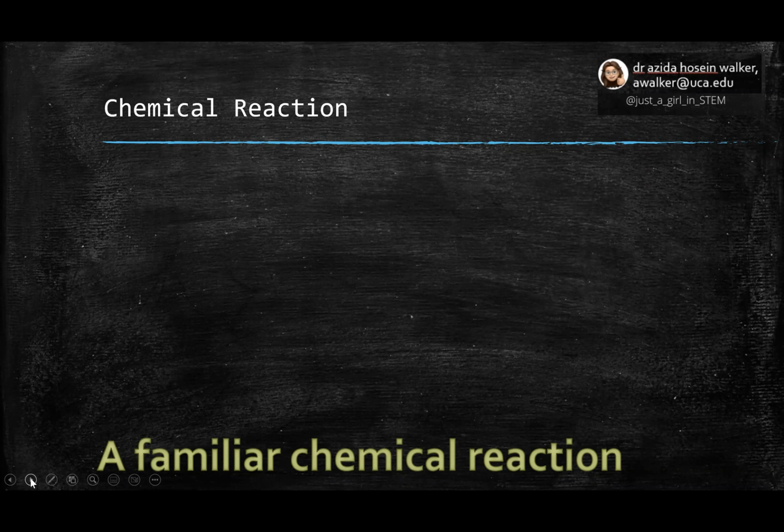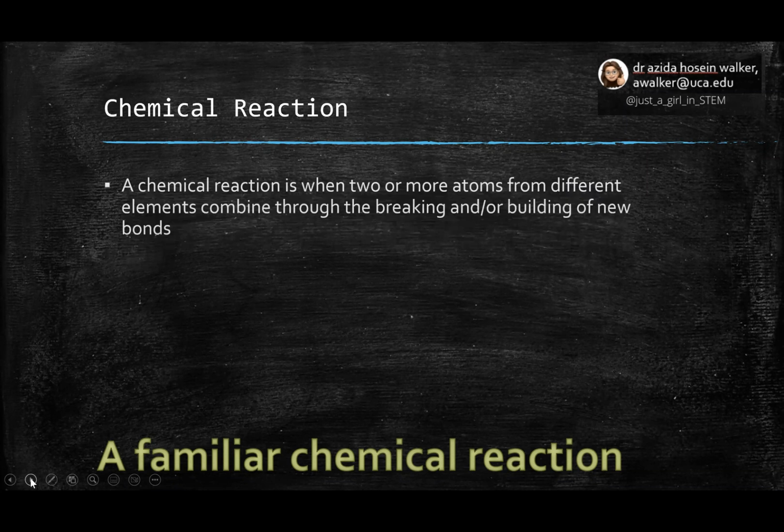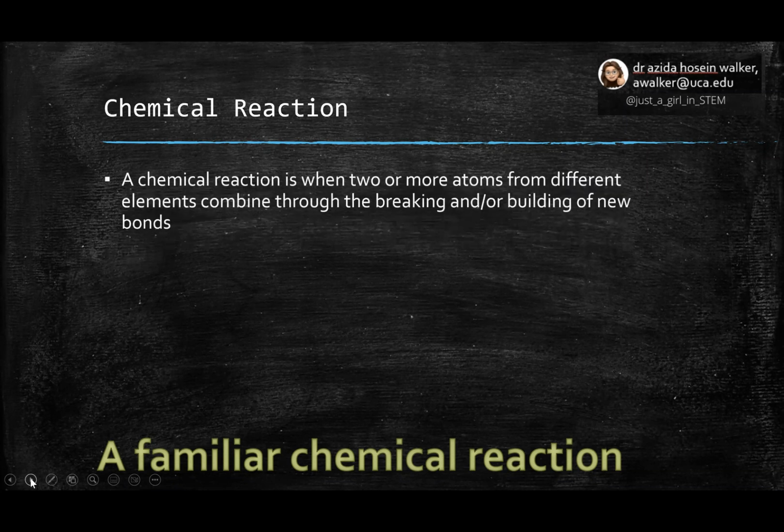Now, we're going to talk about what happens when these different atoms come together. When these different atoms come together, they can share electrons, so they might become ions, and as they become ions, they will have these charges that form part of a chemical reaction.